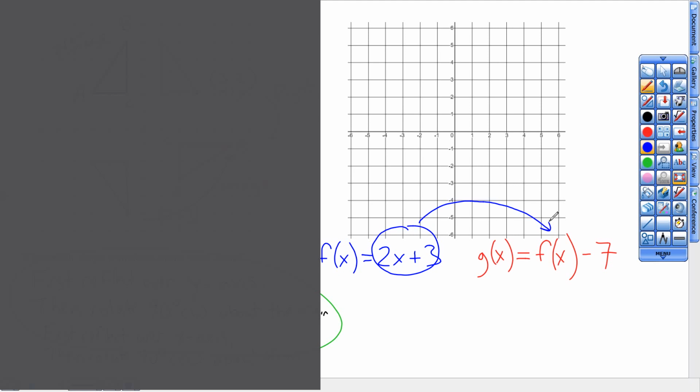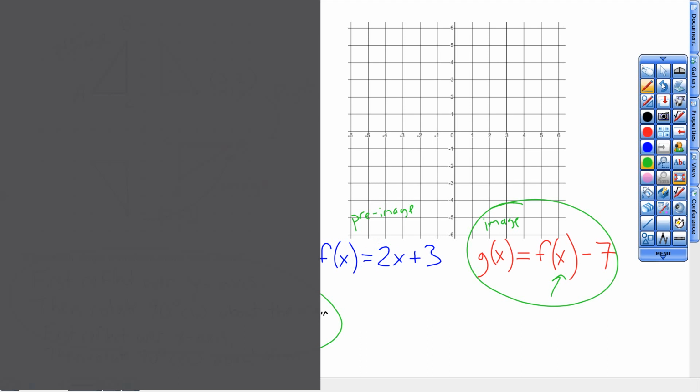I'm going to be hammering home in class that this one all by itself is the pre-image line, the line before it was transformed. This g of x is the image line, the one where all the changes are happening. And you can tell it always looks like this. The one that doesn't have 2f of x, that's the pre-image.